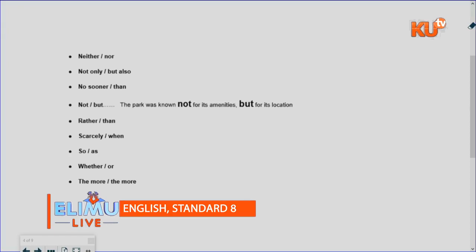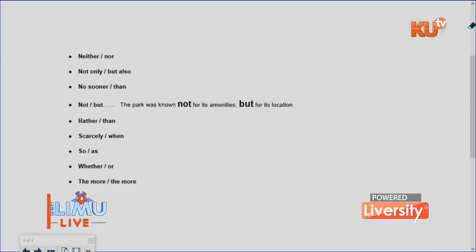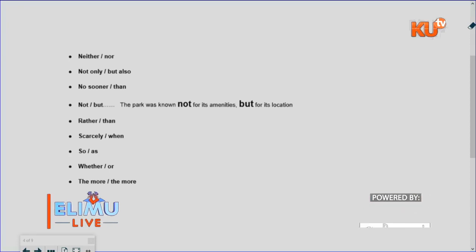So let's continue, then I'll give more examples on the next page on these three remaining in my list. Whether or is also a type of conjunction, and the more.